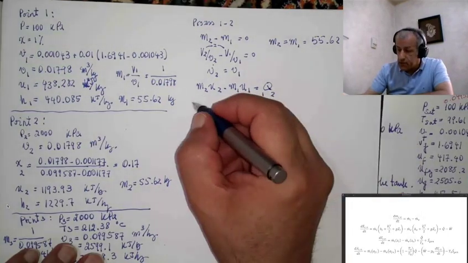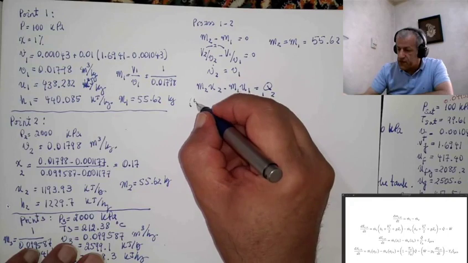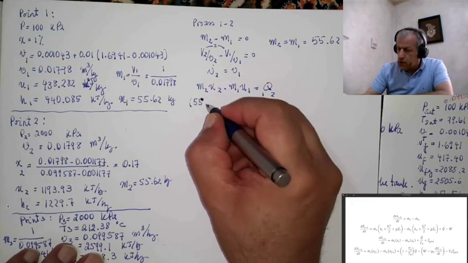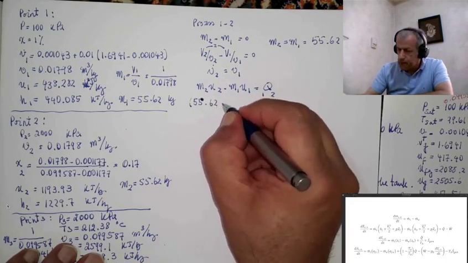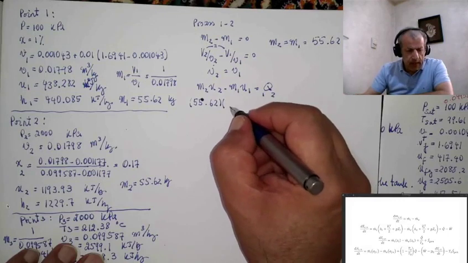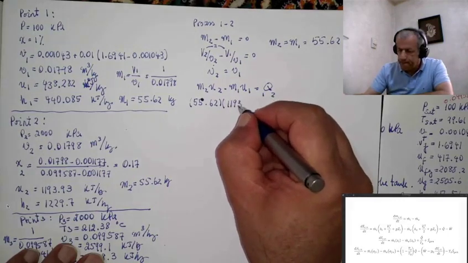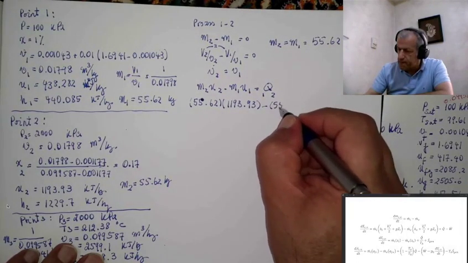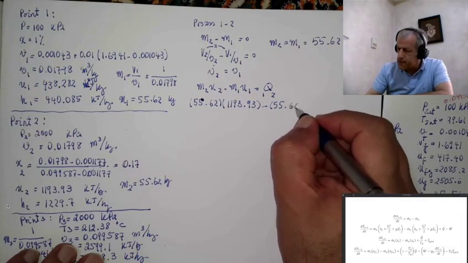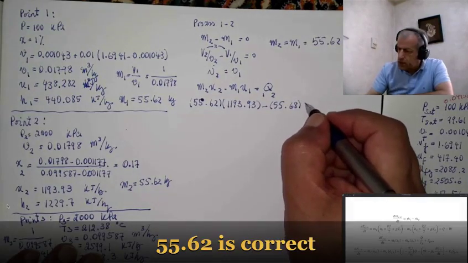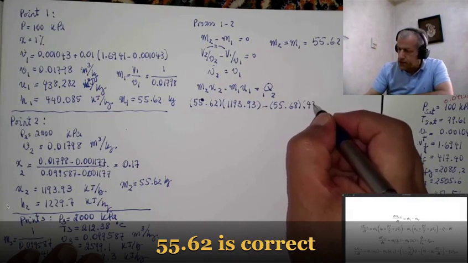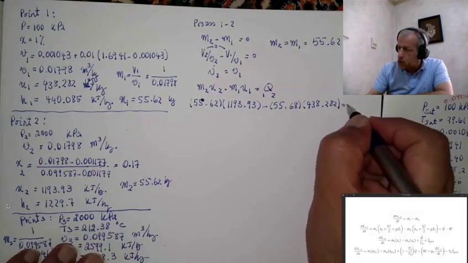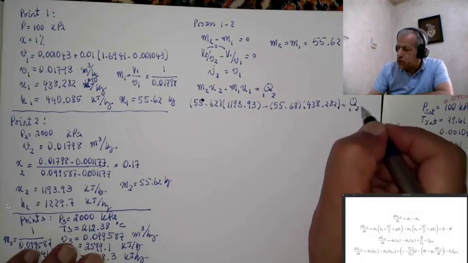Putting numbers to this equation, it would give us 55.62 times 1193.93 minus 55.62, mass doesn't change, times 438.282 equals Q12.